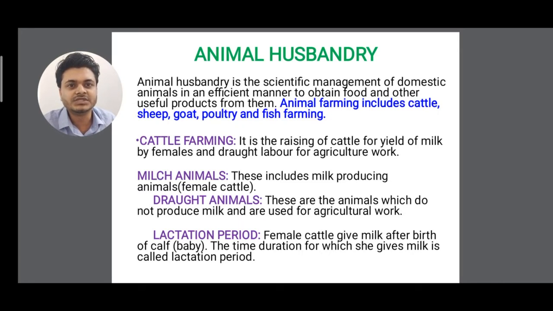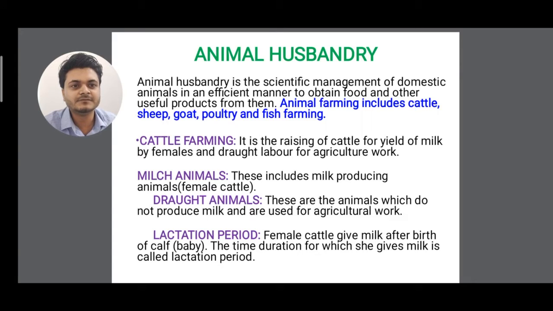Animal farming includes cattle, sheep, goat, poultry, and fish farming. Clear? So, what is cattle farming? It is the raising of cattle for yield of milk by females and draught labor for agriculture work.